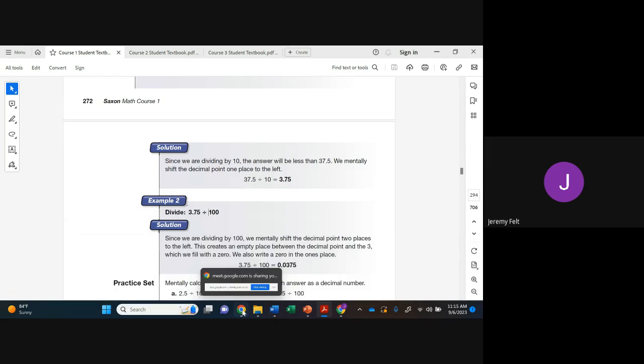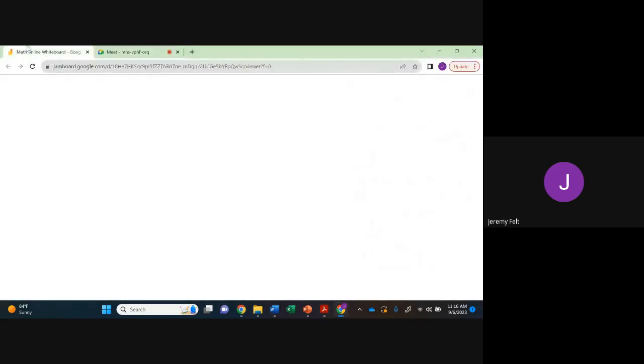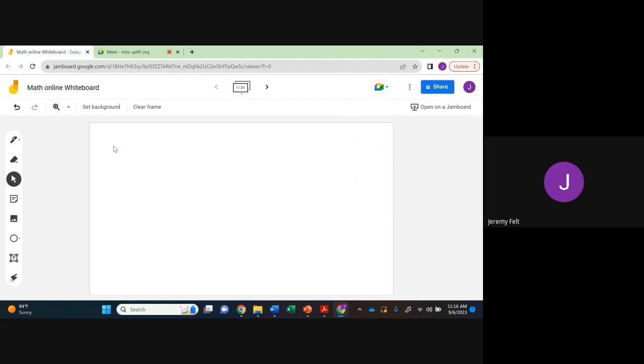So what I mean by that blank space: 3.75 divided by 100, I'm moving 2 places to the left because I'm dividing by 100. So I go 1 and 2, and then I fill in my decimal, and then there's an empty space right here. So anytime we have that, we fill it in with the 0. So it becomes 0.0375. That's our new answer.